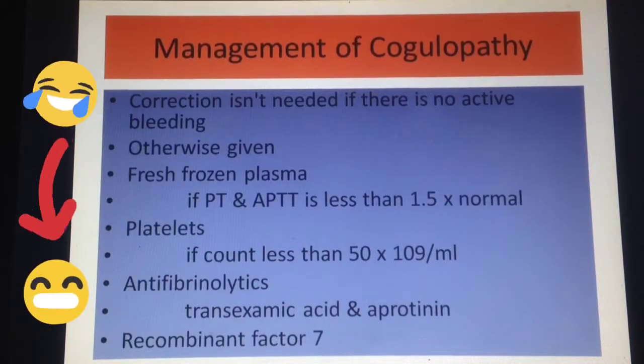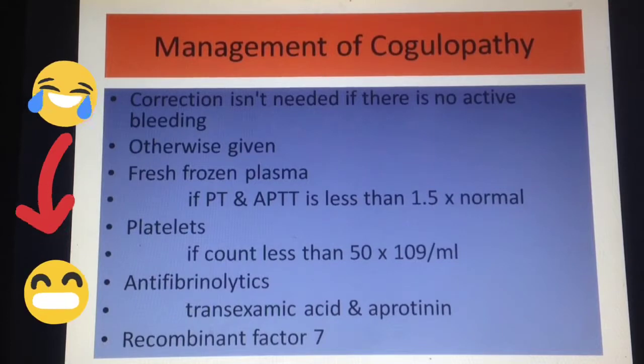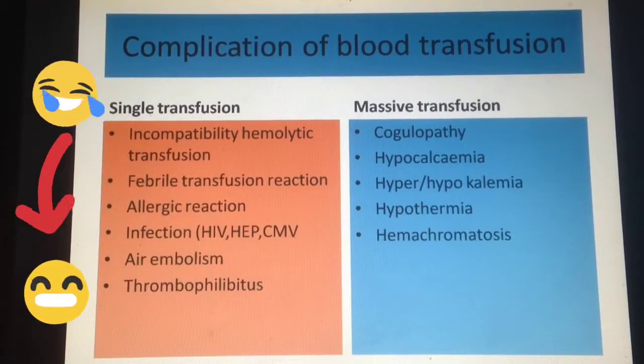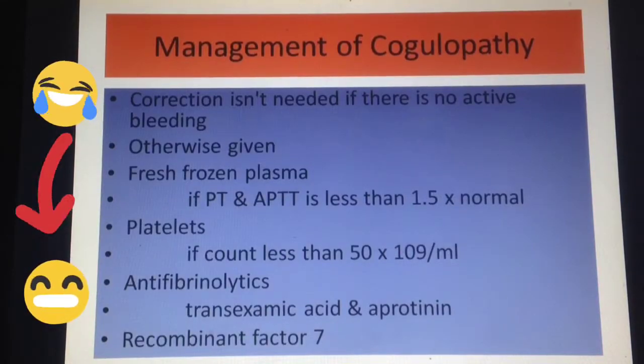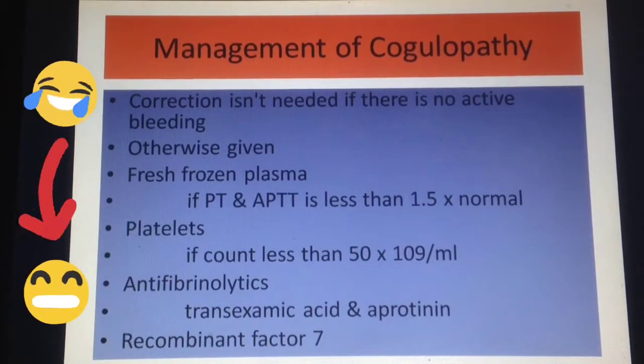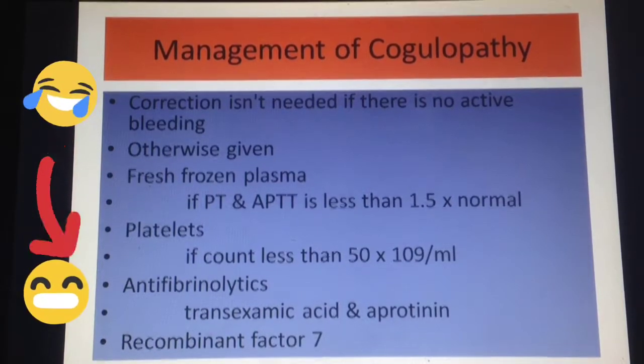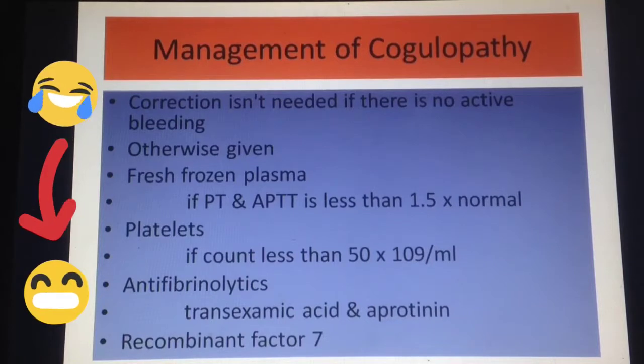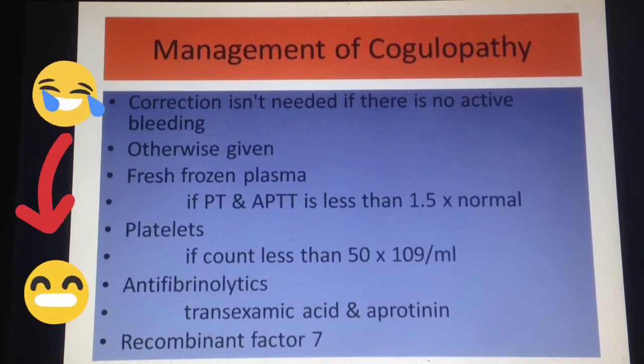Then how do we manage a coagulopathy if this is occurring due to massive transfusion? Correction is not needed if there is no active bleeding. If there is active bleeding, we give the patient fresh frozen plasma and we monitor the APTT and PT. This is given when APTT and PT are more than 1.5 times the normal.